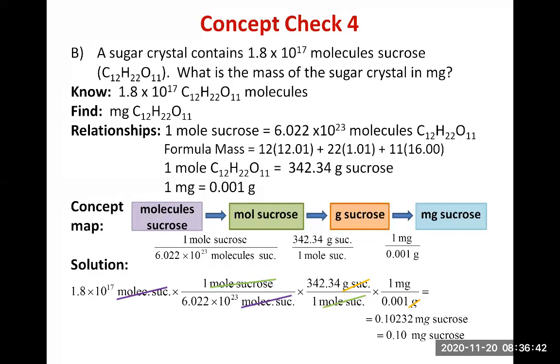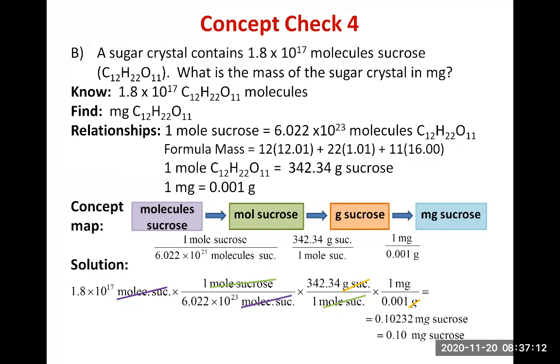So it's a small mass, but we can see that we had much less than a mole here when we started with the number of molecules. 10 to the 17 is 10 to the 6 times less than the Avogadro number. So that's this much less than a mole. And so in a mole, we would have about 350 grams of sucrose.